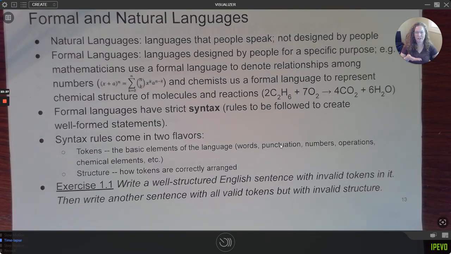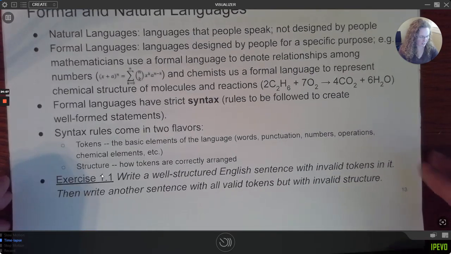There are rules: you have to have a subject followed by a predicate. At the beginning, you have to have a capital letter. At the end, you have to have a legal end mark. It could be a period, a question mark, or an exclamation point. You have these rules about how to make legal sentences, and you must follow that structure or it's not correct.